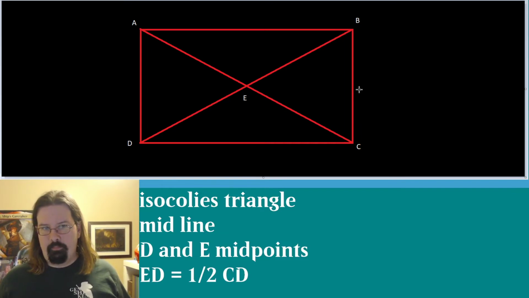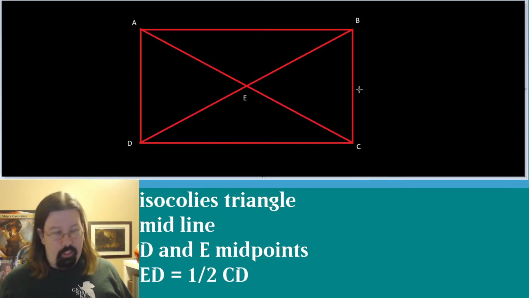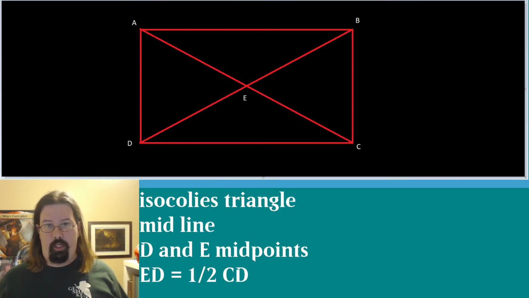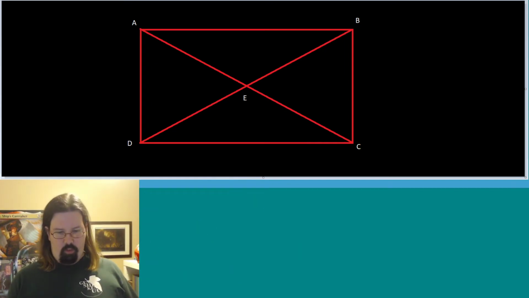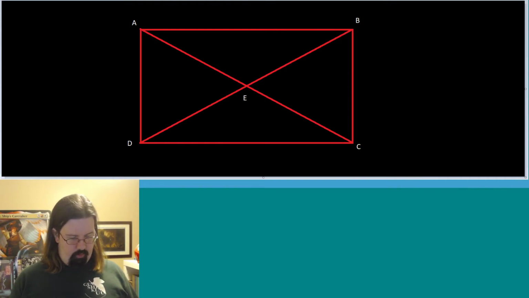So, let's start with some definitions. Let's do a little bit of a proof. All right. So, AB, and where's my vertical line button? It's parallel to DC.